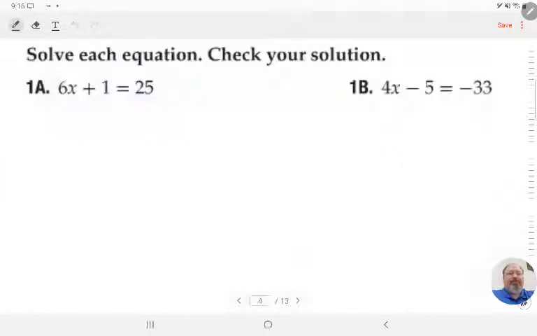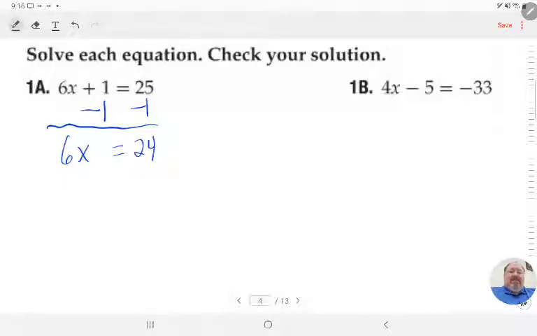Okay? All right. Here's a couple. Let's work one together, and then you can try the other one. So 6x plus 1 equals 25. I would start with adding or subtracting. The opposite of addition is subtraction, so I subtract 1 from each side. 1 minus 1 is 0, so that leaves me with 6x equals 25 minus 1, which is 24.